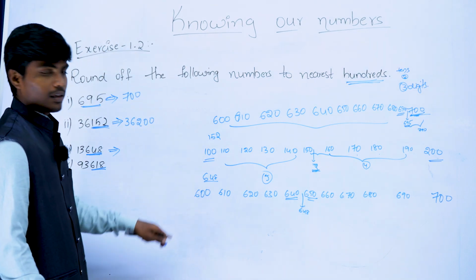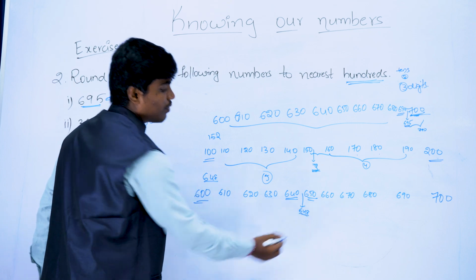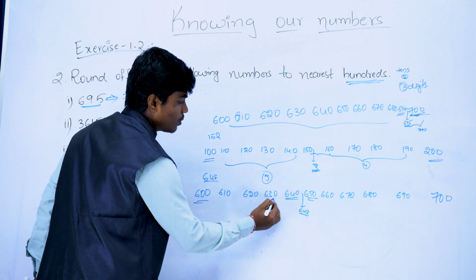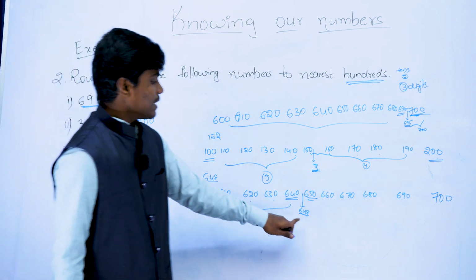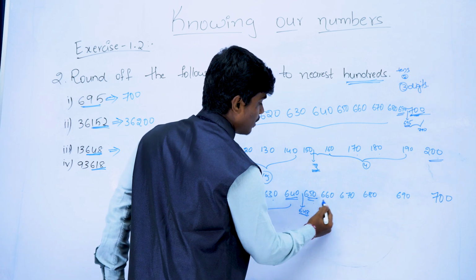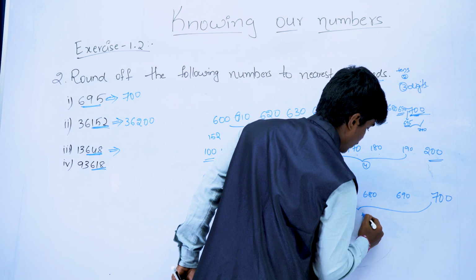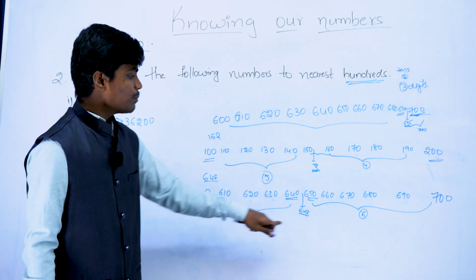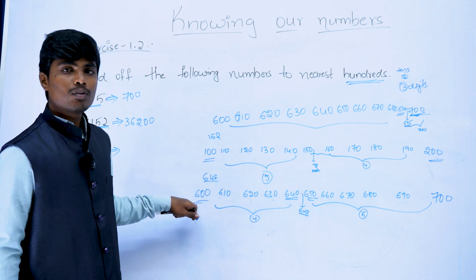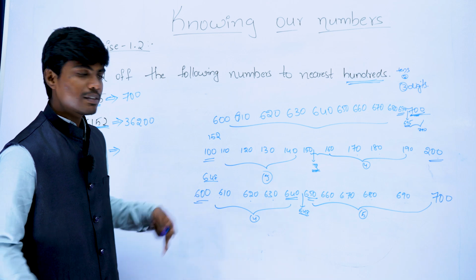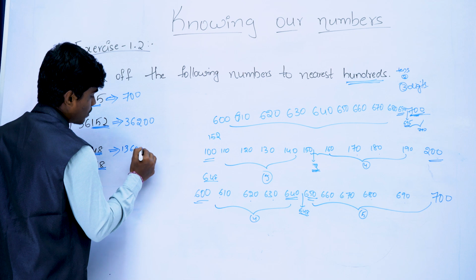Let's check the count of numbers between 600 and 648. There are 4 numbers. If we check to 700, we have 5 numbers. By observing the distance, 648 is nearer to 600. So it is rounded to 600. So the answer is 13,600.